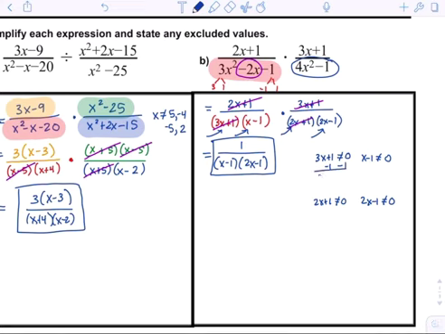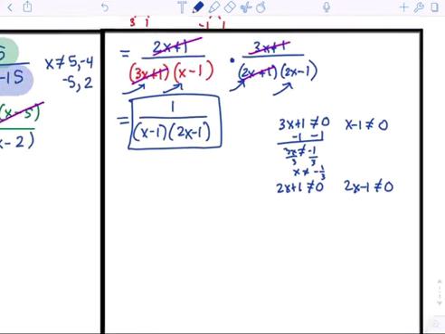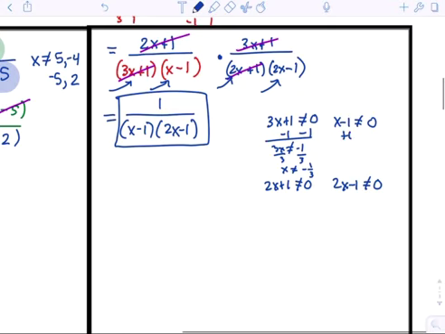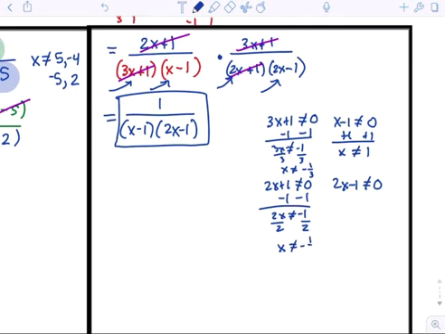Minus 1, divide by 3. x can't be negative 1/3. Plus 1, x cannot be 1. Minus 1s, divide both by 2. x cannot be negative 1/2, and plus 1, x can't be 1/2.